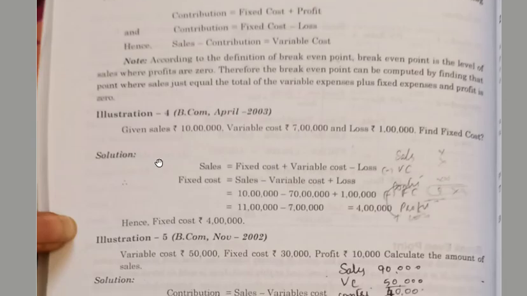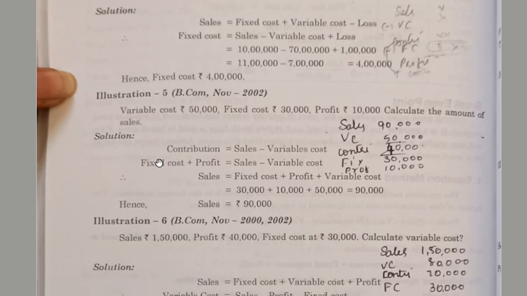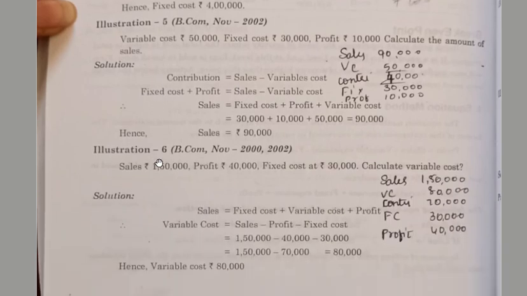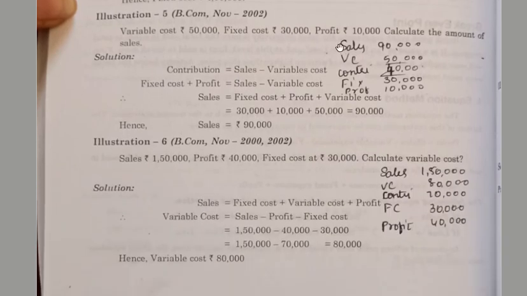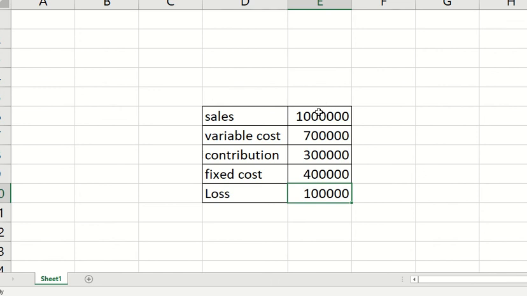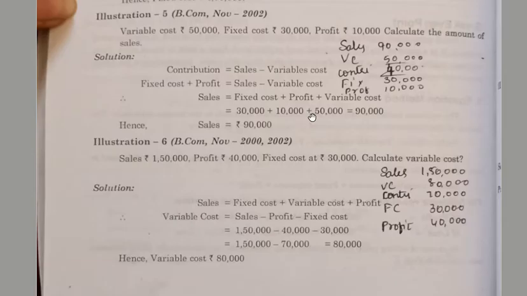So moving on to our next question, which is variable cost is rupees 50,000, fixed cost is 30,000, profit is 10,000. Calculate the amount of sales. So we'll use the same method. Sales they have not given.